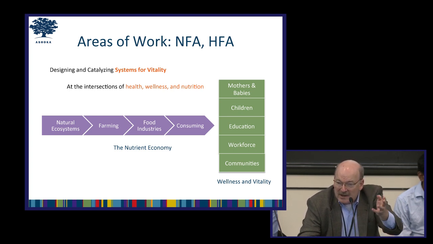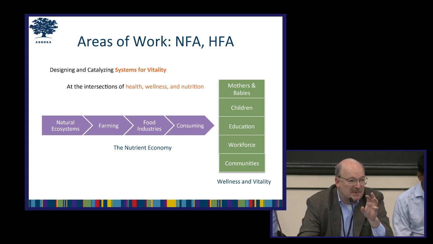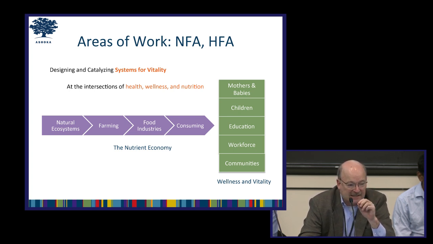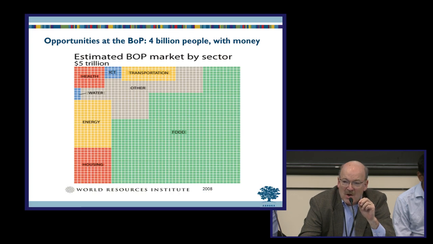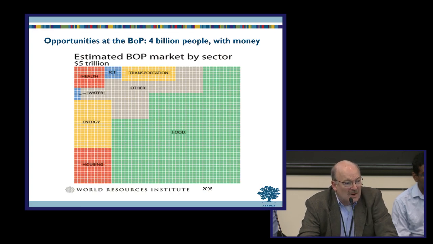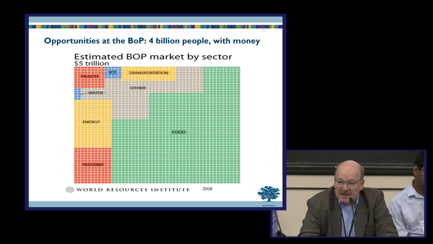How do we deal with a move from a sick care system to a well care system, whose target is not keeping people alive, but whose target is vitality and creating vitality? And initially, to get there, we want market solutions.